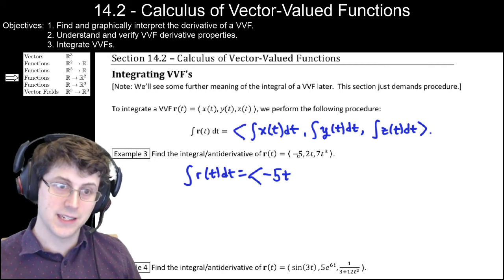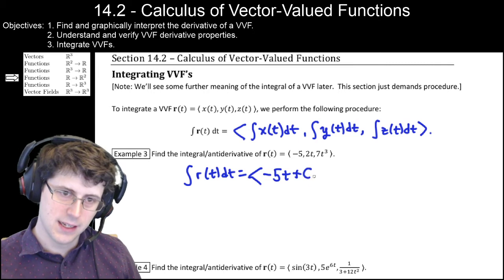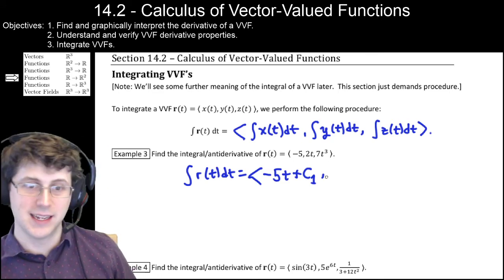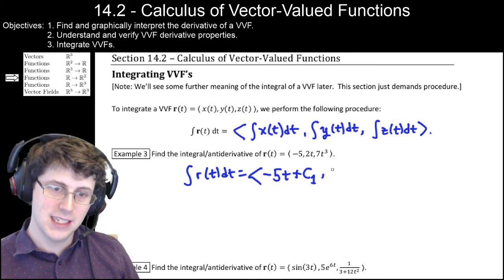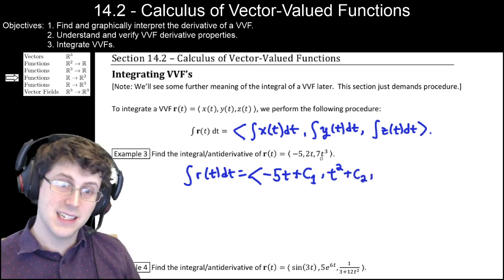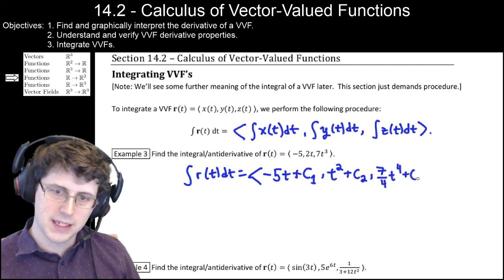So the integral of minus 5 dt is minus 5t plus c. I'm going to call it c1, because I know there's more c's on the way. The integral of 2t dt is t squared plus c2. And the integral of 7t cubed dt is 7/4 t to the 4th plus c3.